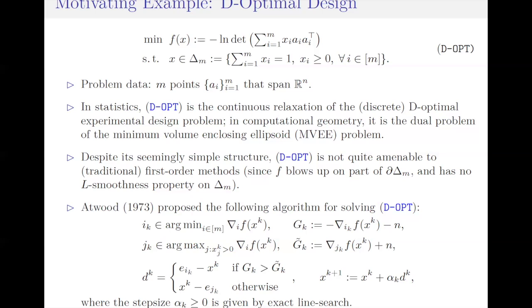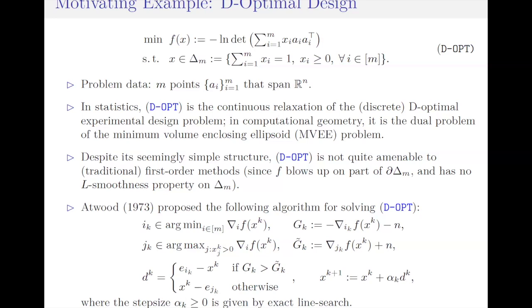That's all. When Atwood did his numerical experiments back in 1973, they were definitely very preliminary, but he found this algorithm works much better than the vanilla Frank-Wolfe algorithm. Why is that? At each iteration, the additional calculation of this step poses almost no additional computational burden. We are still taking the same gradient, we just compute the maximum entry and do a simple calculation, so it creates almost no extra computational burden.